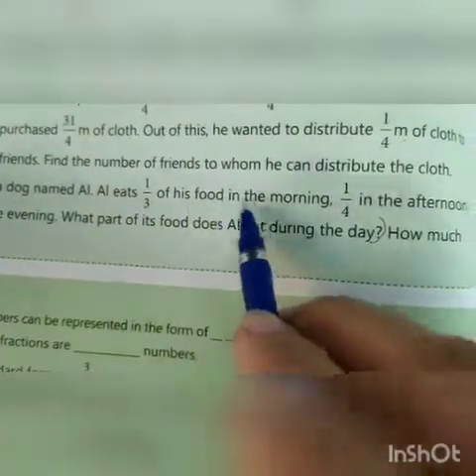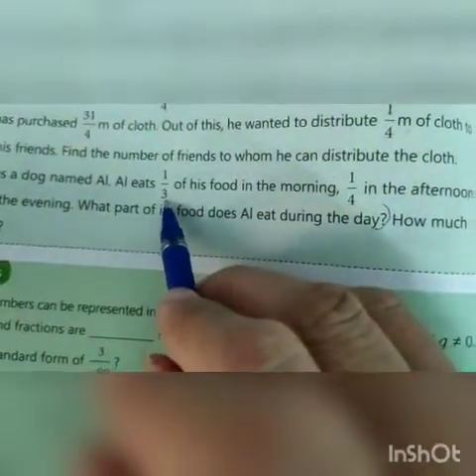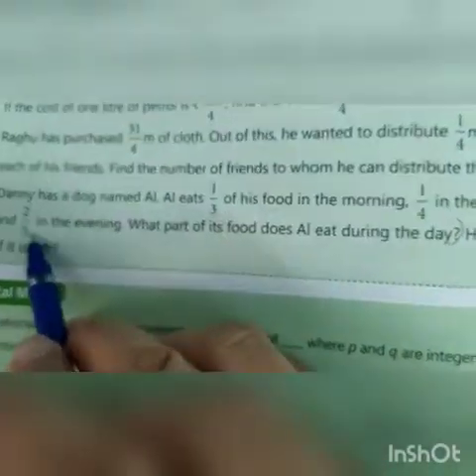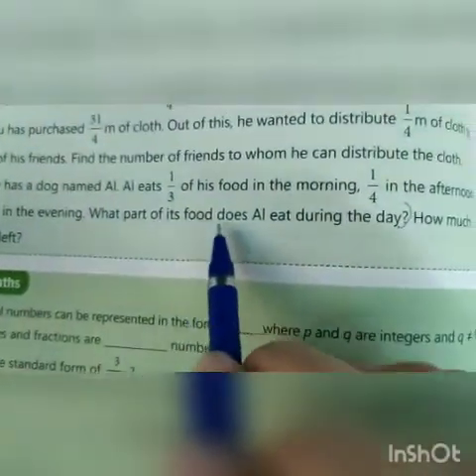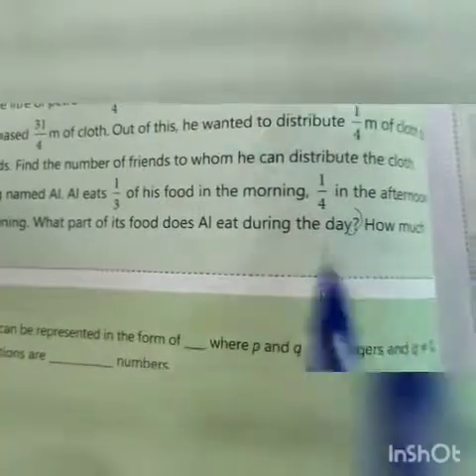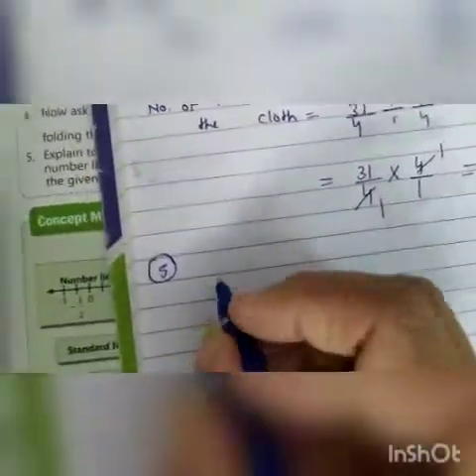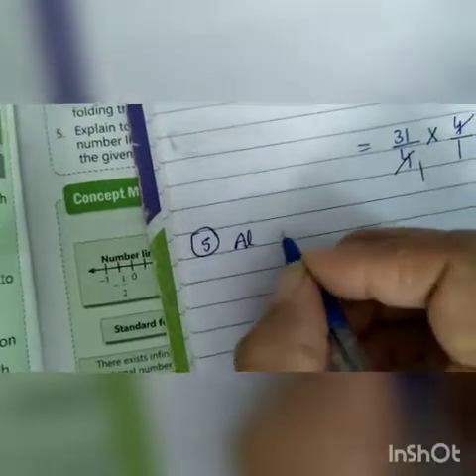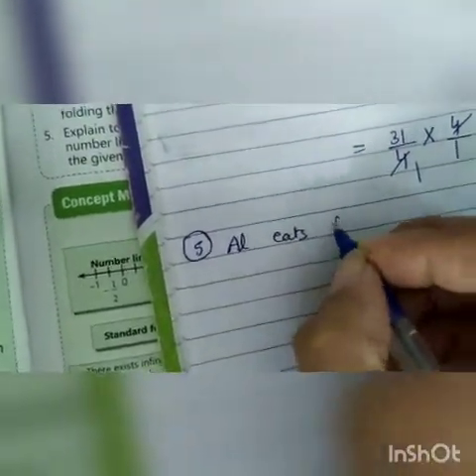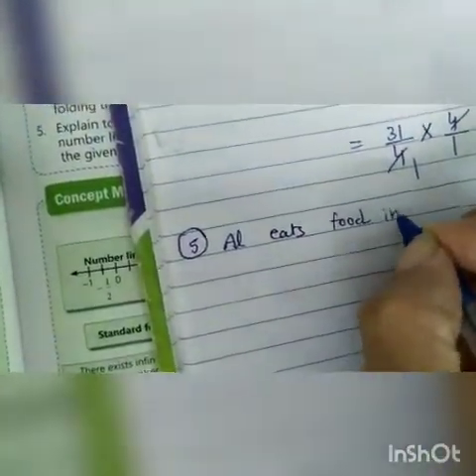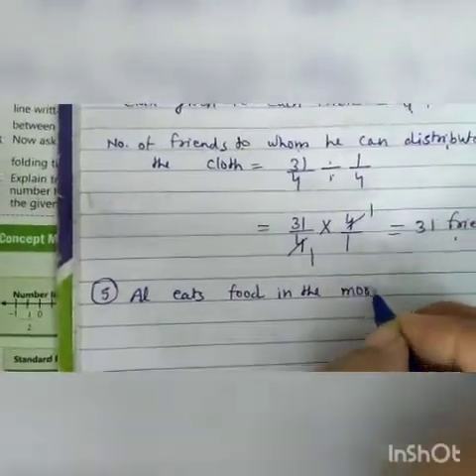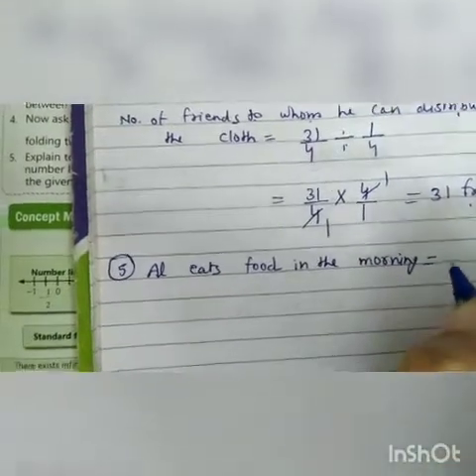The dog eats his food in the morning 1 upon 3 part, in the afternoon 1 upon 4 part and in the evening 2 upon 5 part. What part of its food does Ellie eat during the day? So we will write: Ellie eats food in the morning time.